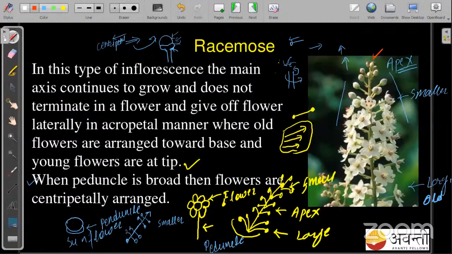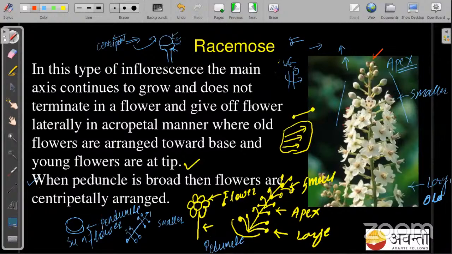First of all, we discuss racemose. In the case of racemose, we discuss the different common structures of racemose. We got stuck on the point that when the peduncle is broad, then flowers are arranged centripetally. We already discussed that in the case of the sunflower.